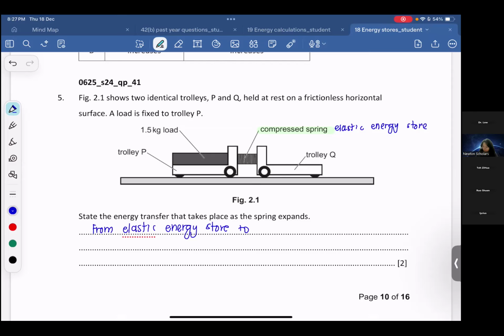Yes, Zihua says kinetic. Yes, kinetic energy store. For this part, kinetic energy store is because of the trolley moving. Then this one, elastic energy store is because of the spring.